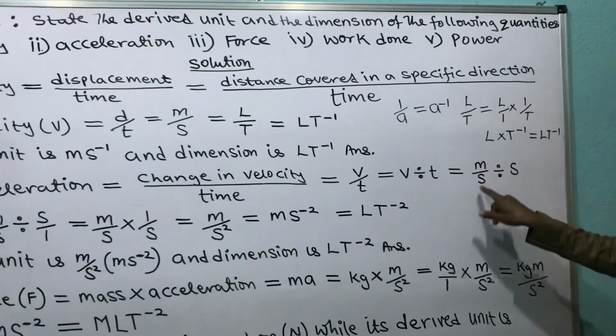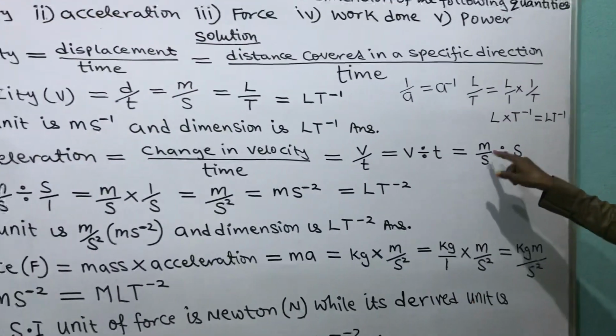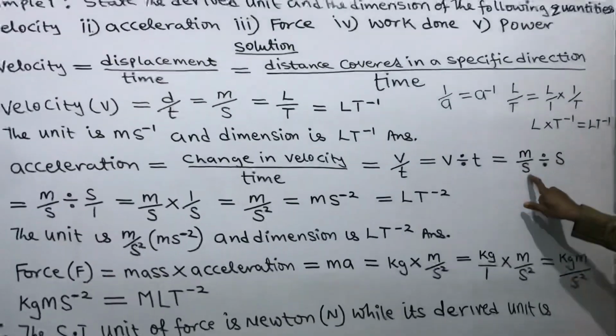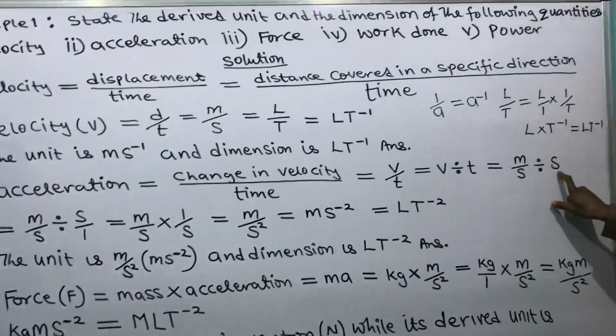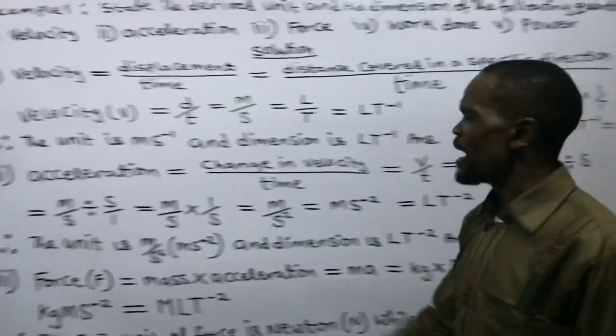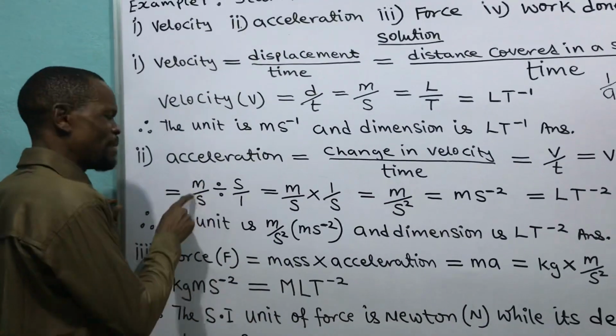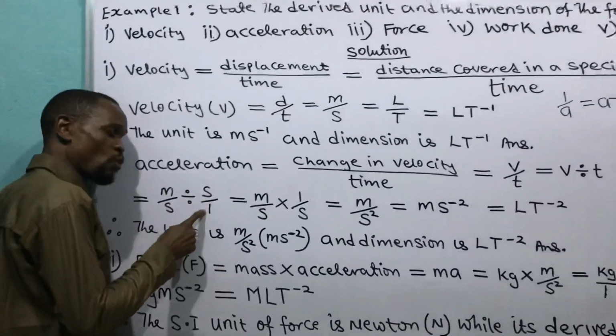The unit of velocity is meter per second, which we have already said, and we divide by the unit of time, which is seconds. Therefore, I can write this as meter per second, for velocity, divided by seconds over 1.